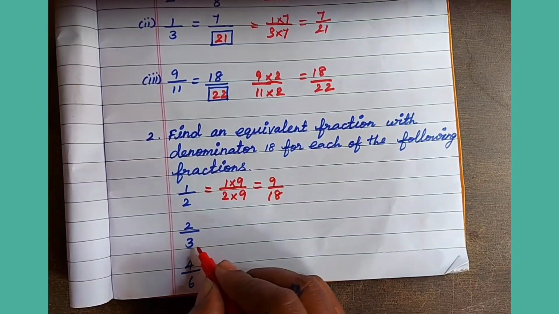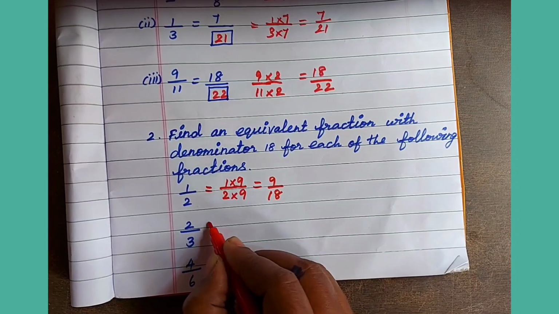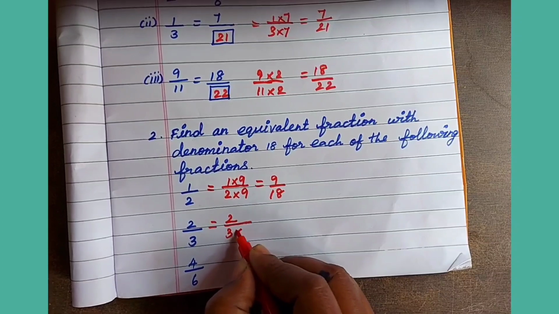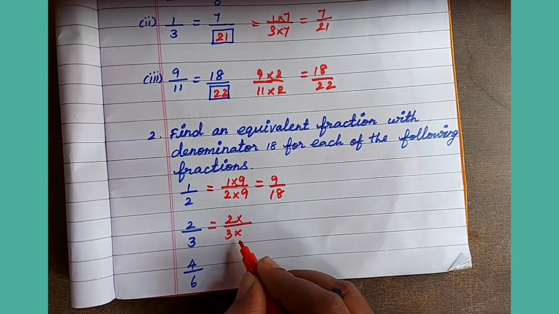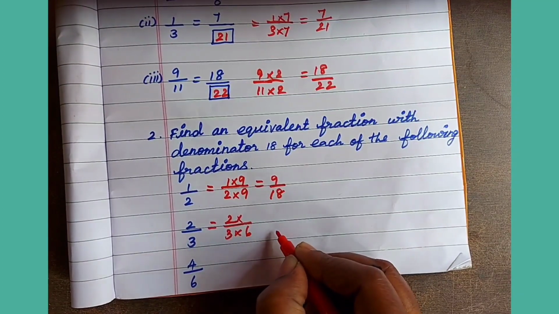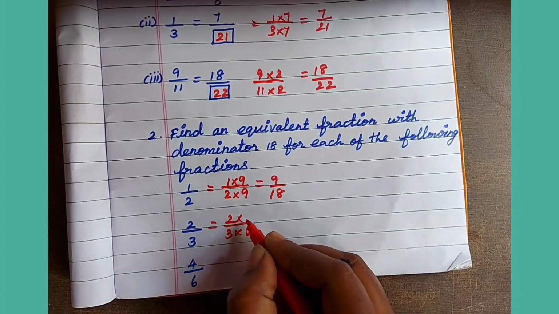Next one, 2 by 3 is given. We write the first fraction value 2 by 3 into which number to multiply? Yes, 3 into 6, 3 6s are 18.